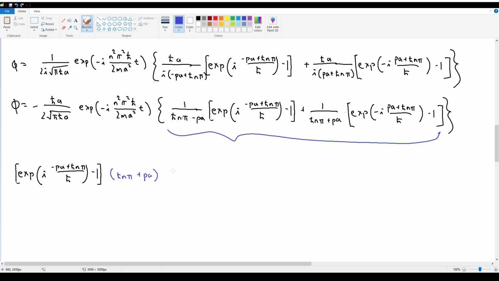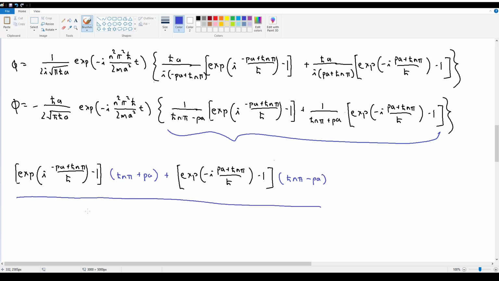and then you're going to add this expression, you're going to multiply h bar n pi minus pa, and then at the very bottom you have the combination h bar n pi minus pa times h bar n pi plus pa, like that.